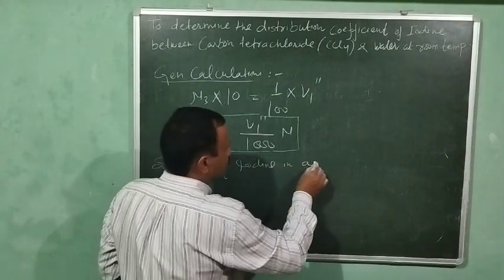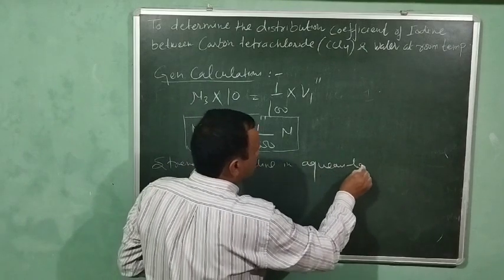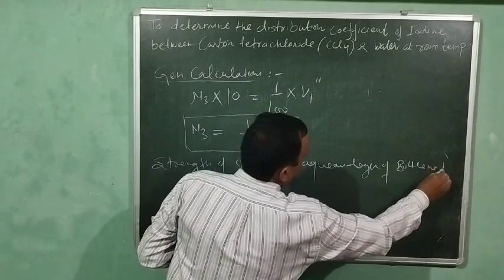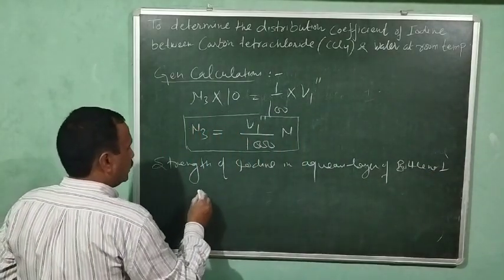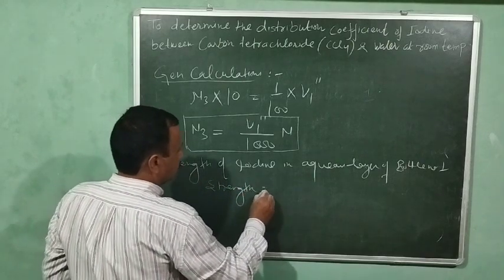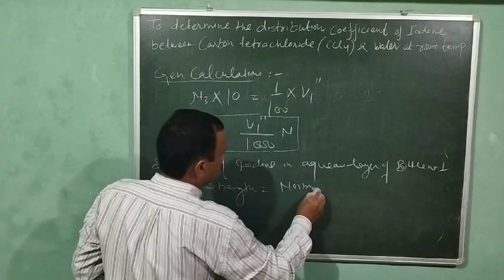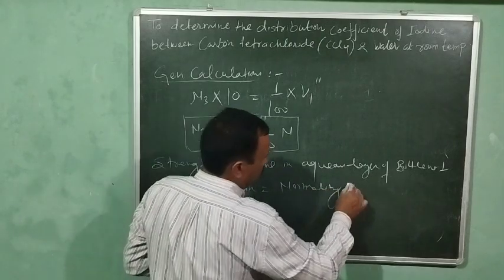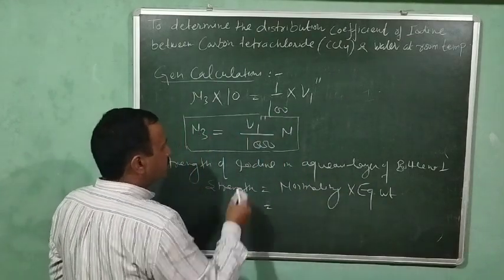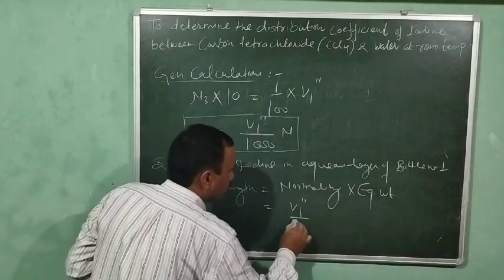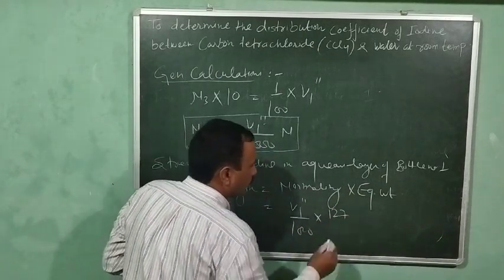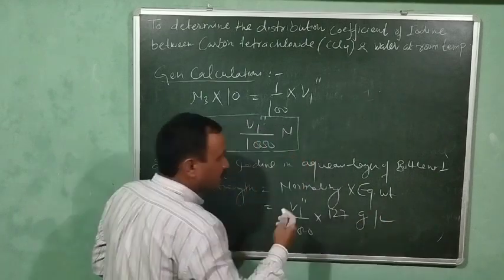In the aqueous layer of bottle number 1, as I said, strength is equal to normality into equivalent weight. So the normality is V1 double prime upon 1000, equivalent weight is 127, and it will be in grams per liter.